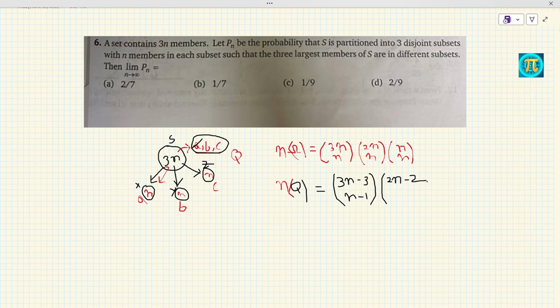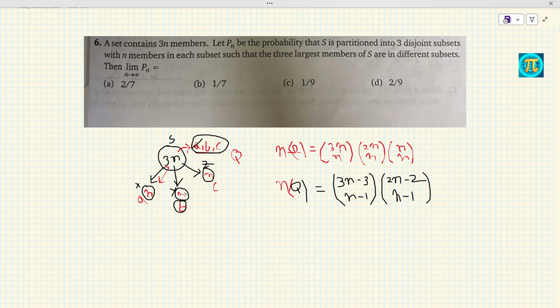So we are subtracting the remaining two largest elements from the original set S, that is of 2n members, and now we are going to do the same with n minus 1, since in the set Y we are going to take n minus 1 elements, since we have already taken out b, separated b from the set of n.